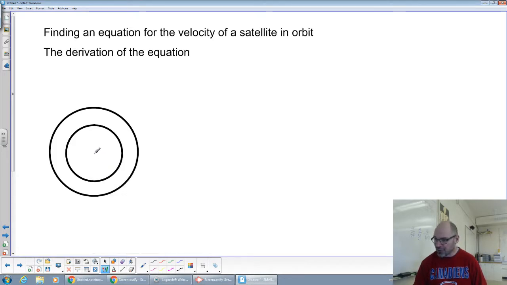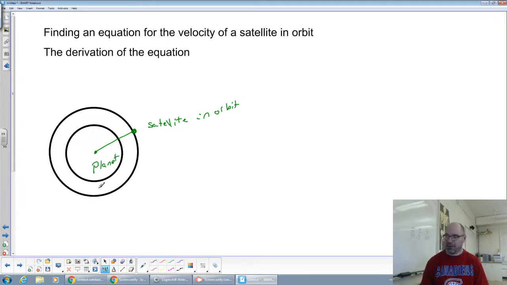So there's the center of the circle, and let's say this is our satellite in orbit. And this is my planet here. We know that this satellite has some velocity, so we want to derive it.